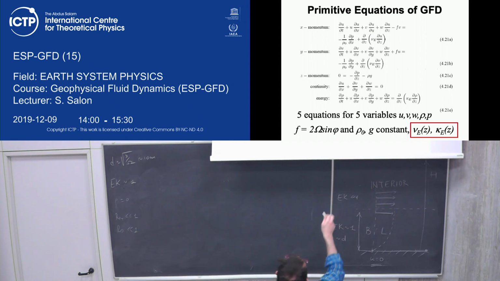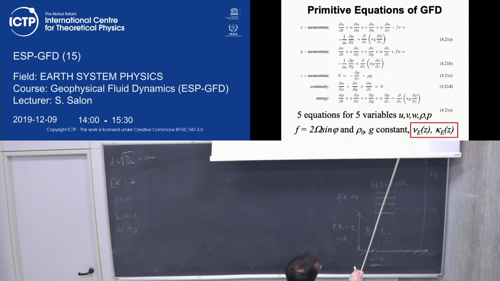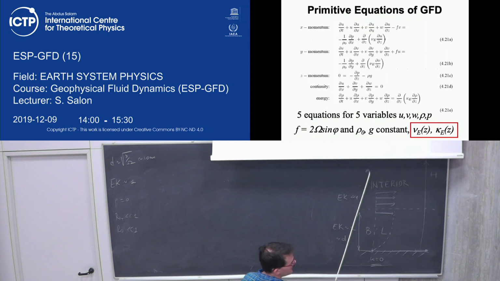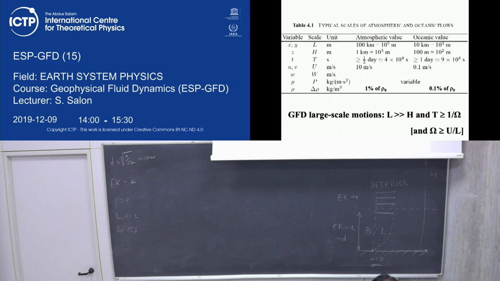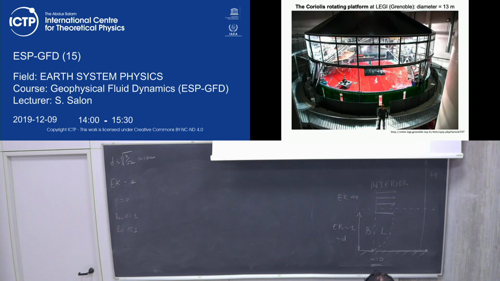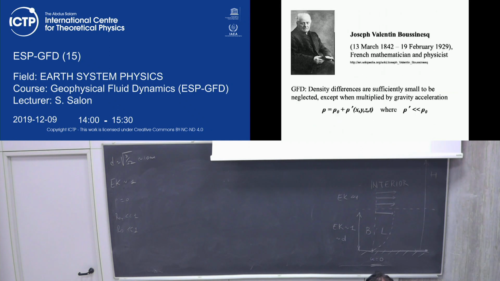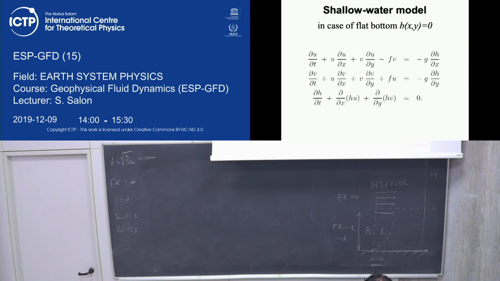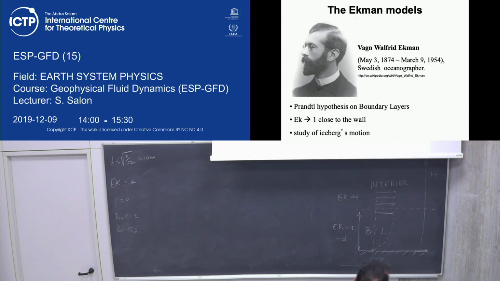So in this case, as you remember, we considered eddy viscosity and eddy diffusivity as a function of z. The Ekman model actually takes into consideration constant values of the viscosity.